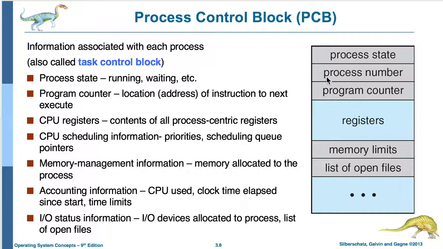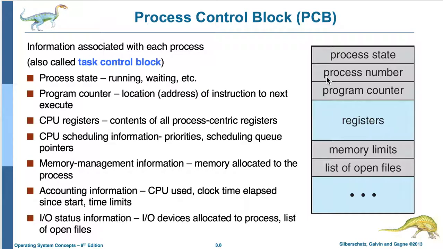The process control block is an important element here, which contains all the attributes associated with a given process. This includes the state of the process, the contents of the CPU registers, the location of the program counter, essentially the location of the next instruction to be executed, and various other attributes.